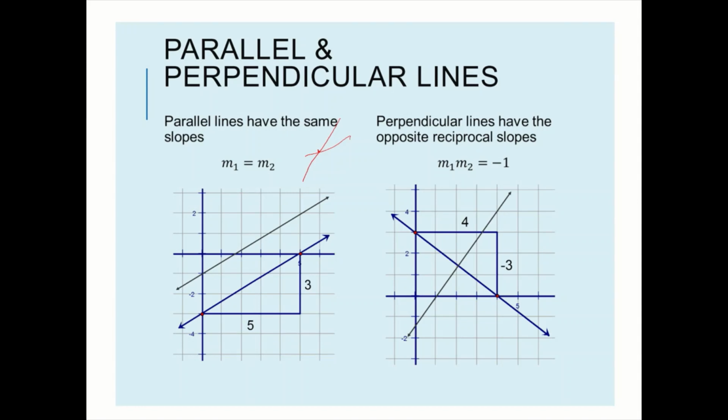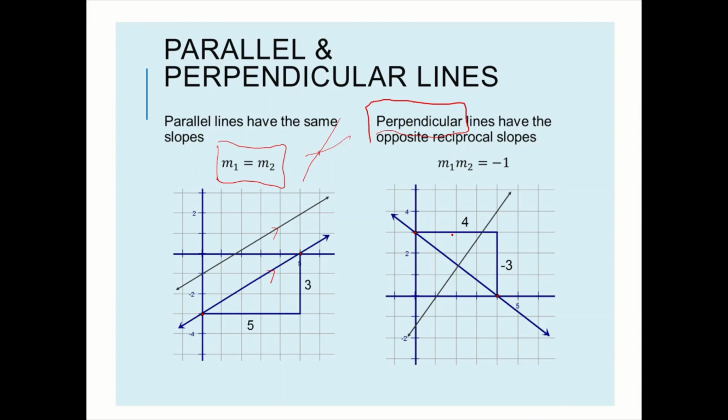So this is the formula. We know that for parallel lines, the slope must be equal. So the slope for line 1 is equal to the slope for line 2. Perpendicular lines have opposite reciprocal slopes. Now, what does that mean?